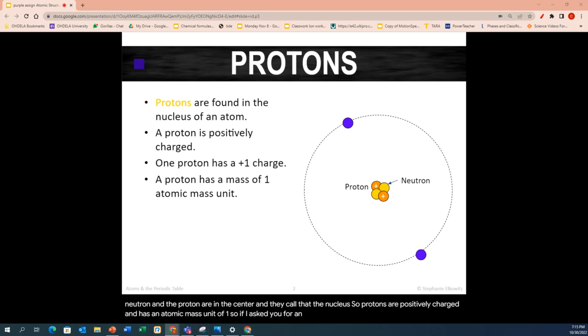AMU is the abbreviation for atomic mass unit, and that has 1. It has a charge of 1. So if one proton has a charge of plus 1, two protons equal plus 2, and so on. So the protons live in the nucleus, the electron lives in the orbit outside.